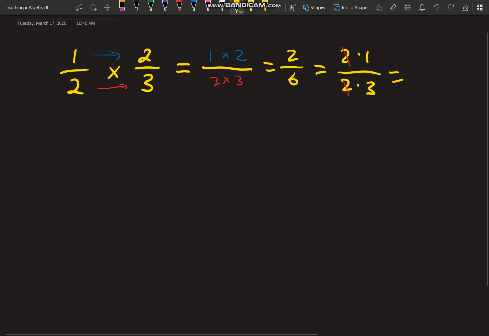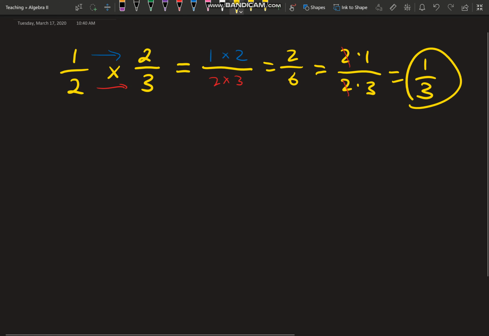And we're left with 1/3. And that's our answer. So 1/2 times 2/3 is 1/3, which makes sense, right? Because multiplying by 1/2 is the same thing as kind of splitting it in two. And if you've got 2/3 and you split it in two, each side would be 1/3.